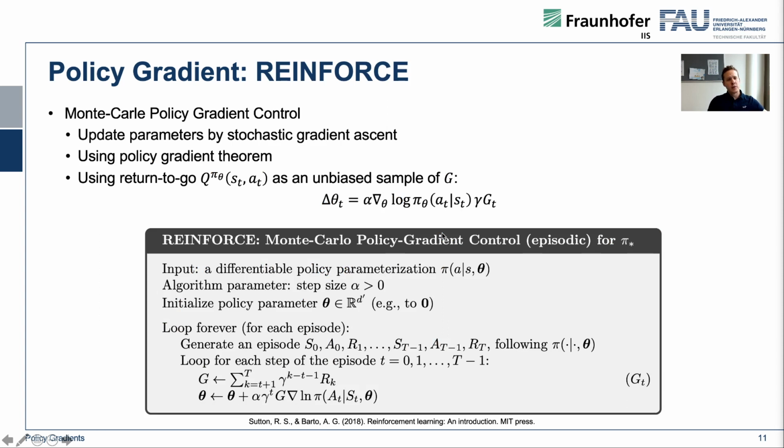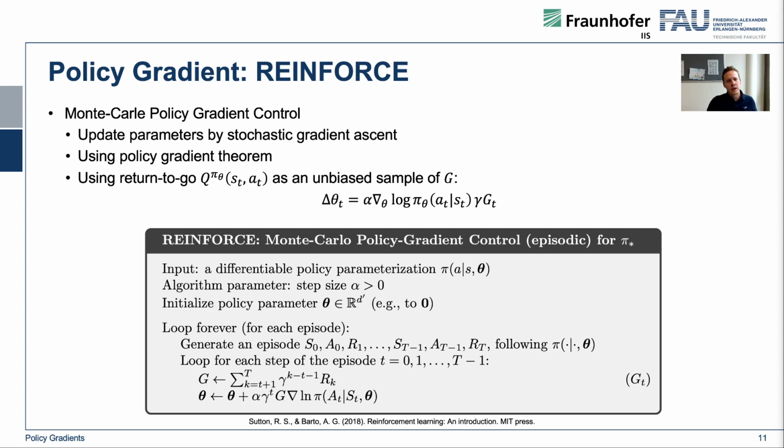Okay, how can you put all these abstract things into an algorithm? The most simplistic algorithm at this point is called REINFORCE. REINFORCE does exactly what we have introduced in the previous slides.